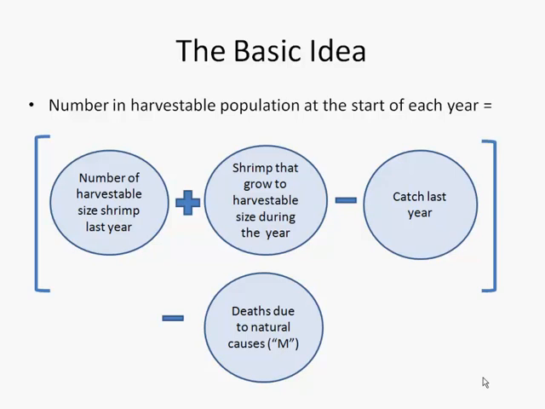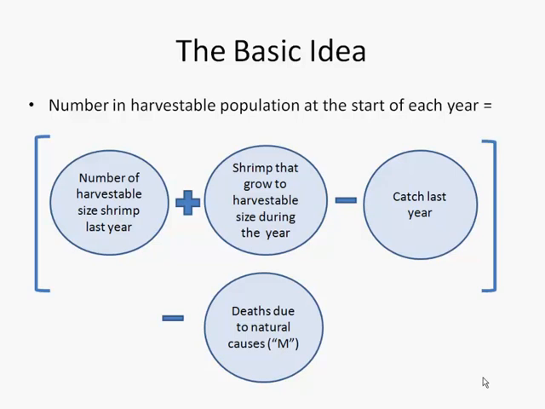So here's the basic idea behind the CSA model. This is very similar to what Maggie was showing before. It's just a different picture. We want to know the number of shrimp that are going to be available to the fishery in a given year.